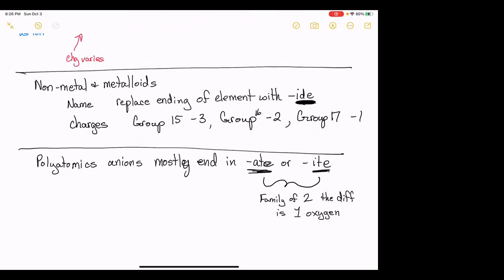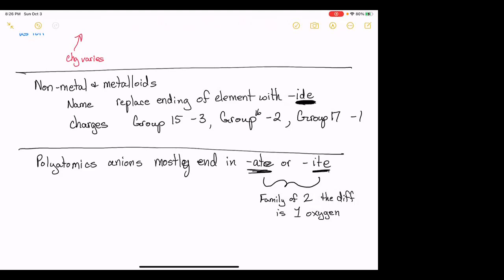If you compare phosphorus and arsenic, for instance, you're going to see that phosphate is a 4 oxygen 3 minus charge, and arsenate is also a 4 oxygen 3 minus charge. So they're identical except the starting element.